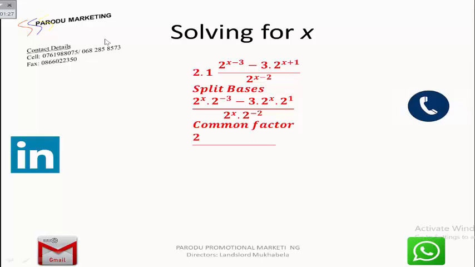What is the common factor there? So you have your 2 to the power of x as the common factor, right? So it's on this side and it's on that other side as well. Then you will have your 2 to the power of negative 3 as well as 3 times 2. So I hope you can see how we simplified that top part there.